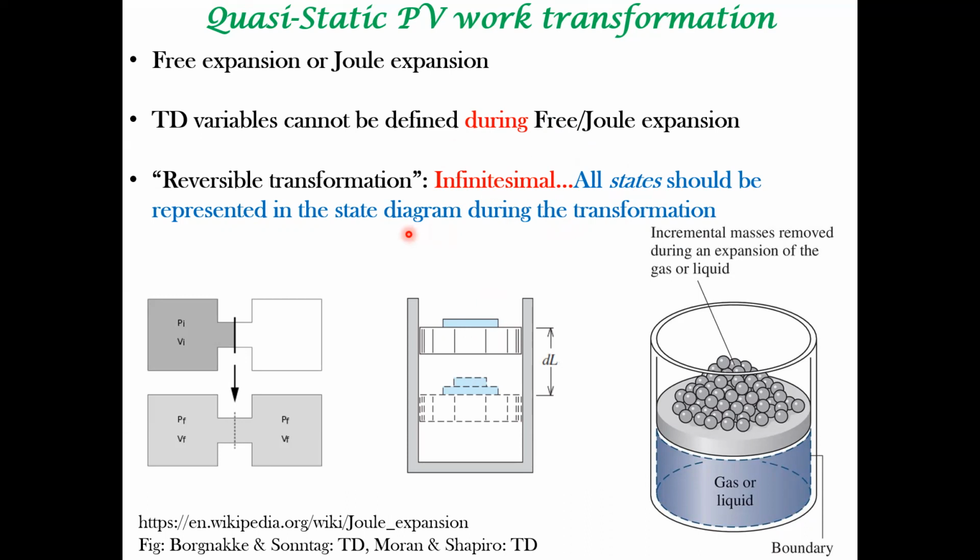So when we are talking about quasi-static PV work transformation, we are talking about transformations due to an infinitesimal driving force. We are not really talking about the other kind of transformation, where the initial and end points are well defined, but the in-between points are not. In this case, not only the initial and end points are well defined, even the in-between states are well defined. This is something you should understand very clearly.